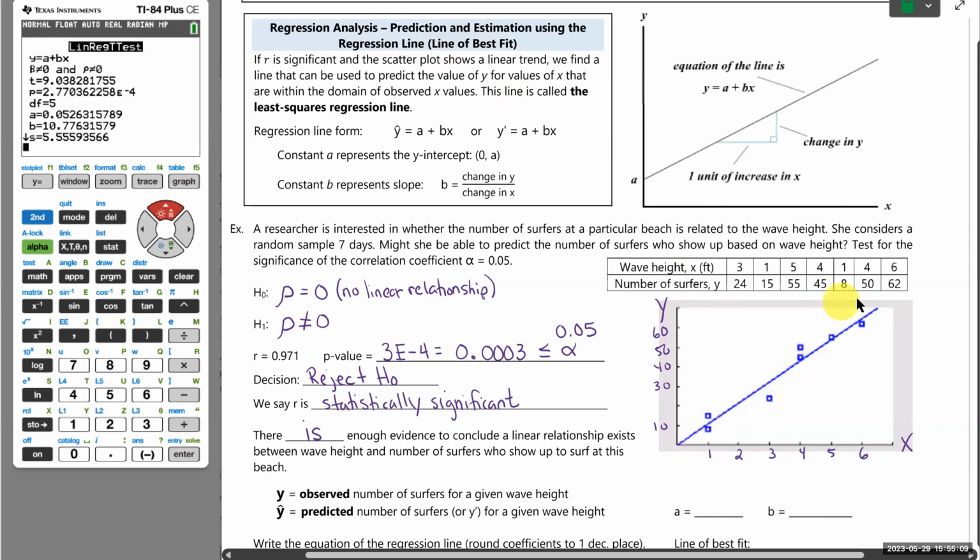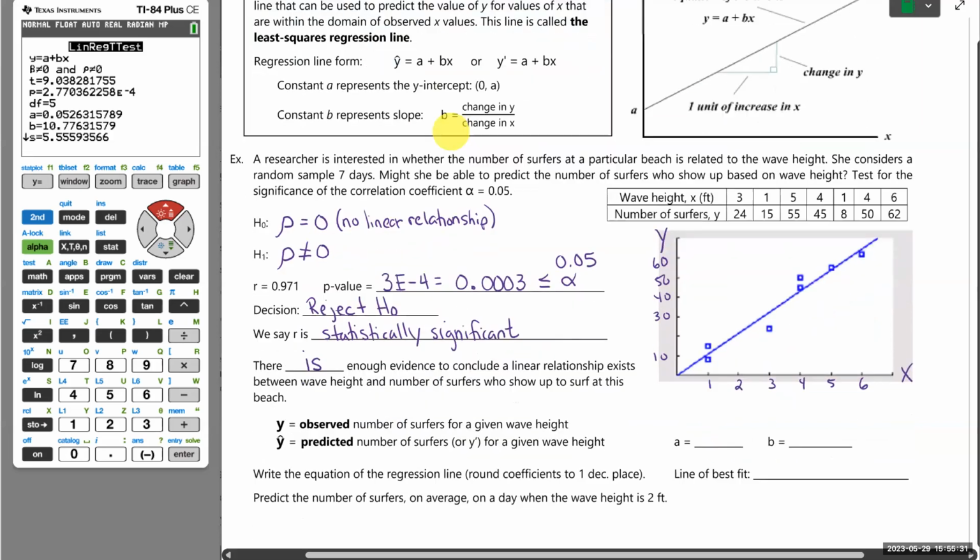So the line that best describes that trend that we're seeing. Given the forms here again, y hat or y prime for the regression line, I'm going to use y hat, and we're going to write it in the form a plus bx. So let me take care of that part first.